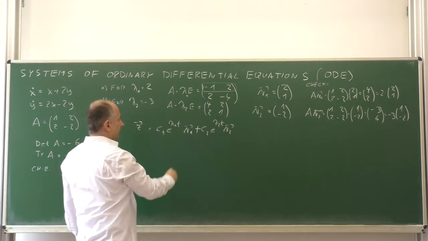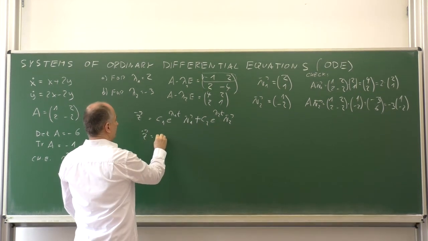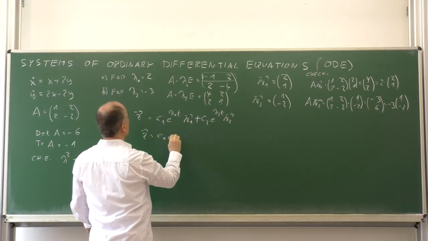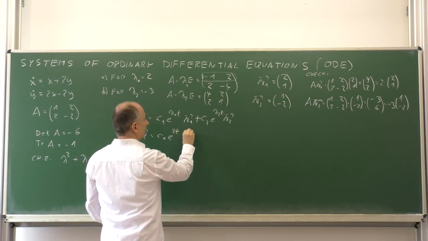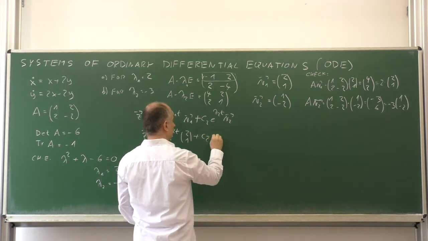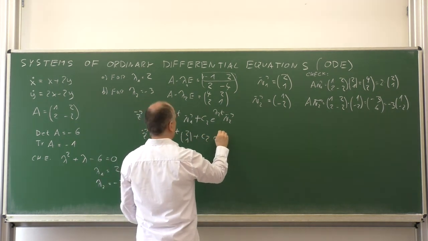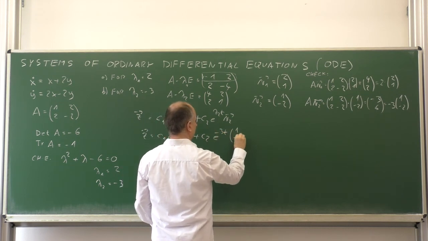Which in our case means C1 e to 2t times the vector 2, 1 plus C2 e to minus 3t times the vector 1, minus 2.